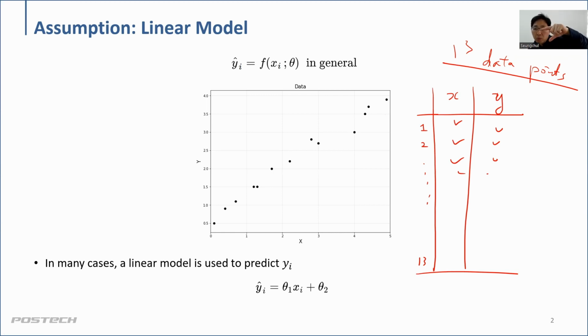This is the data points that you have. Imagine in the Excel file you have 2 columns with pairs of data points, 13 data points. By just looking at these tables you have no idea, so you decide to plot it. And this is the plot.